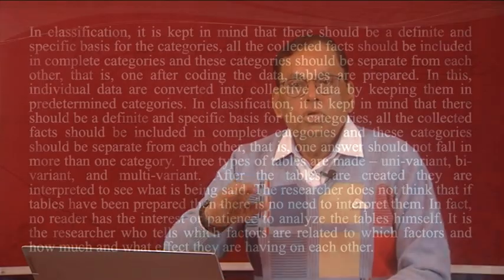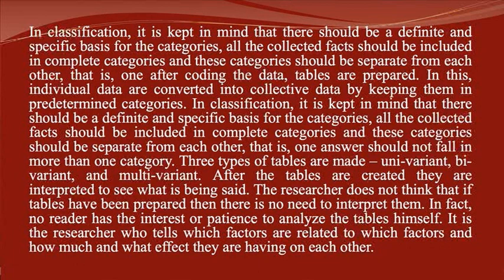When we talk about classification, it means classifying the data into different categories on the basis of similarities and dissimilarities. Similar data in one class and dissimilar data in another class. For example, on the basis of place, on the basis of year, we can classify the data.